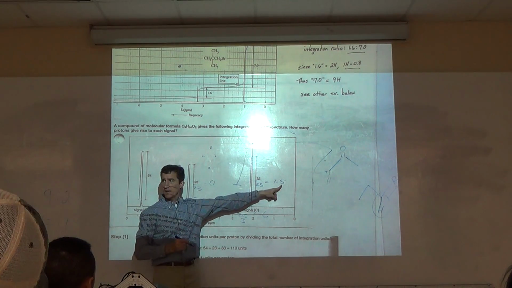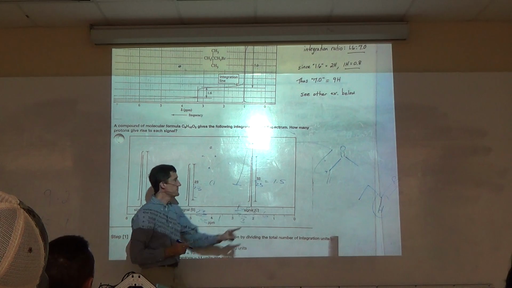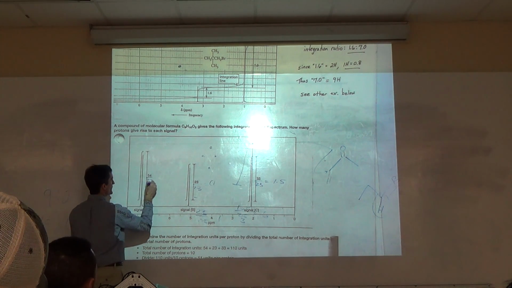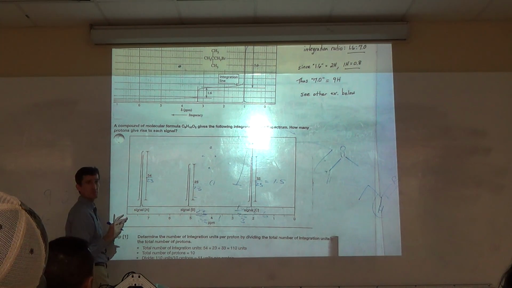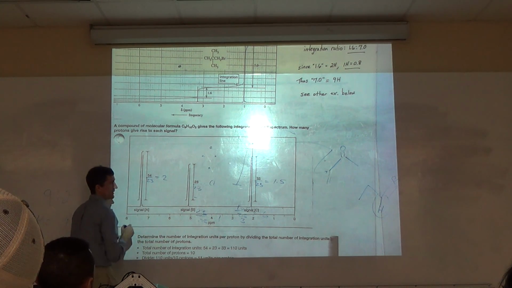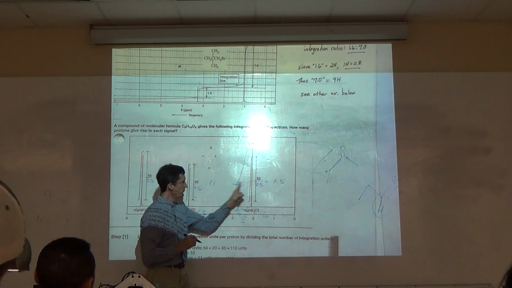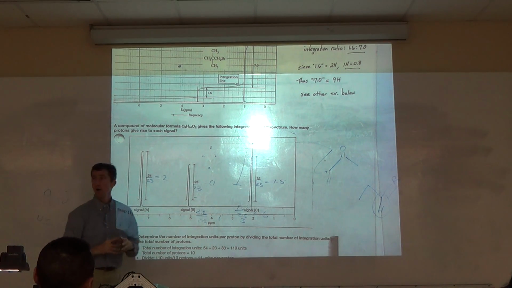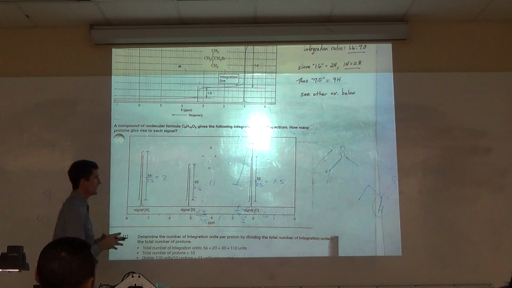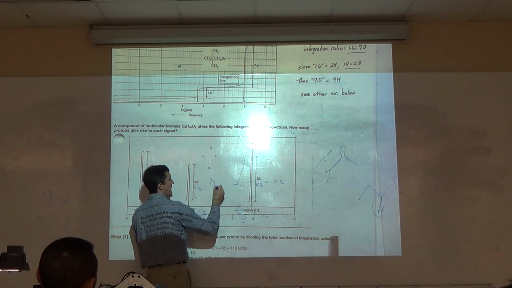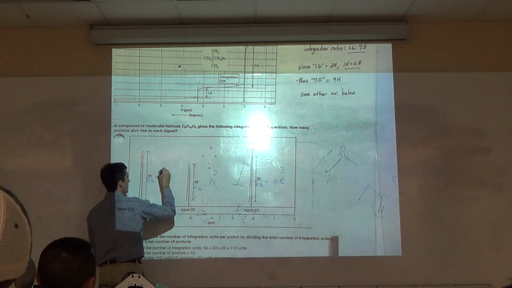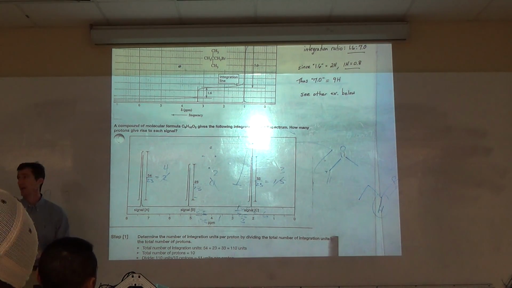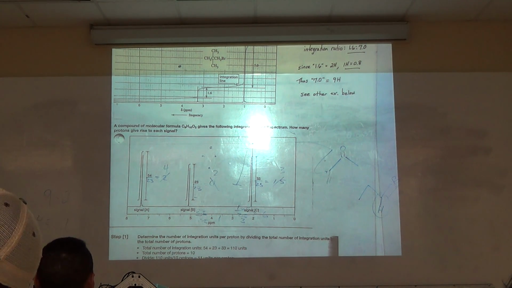You can't have 1.5 hydrogens. What if we divide this by 23? What do you get? Roughly what? Integration is never exact. I'm going to say 2. Do you think we have 1 hydrogen, 1.5, and 2? What do you think instead we have? 4, 3, and 2. Let's change this to 2, this to 3, and this to 4. You can't have a half hydrogen. Looks like the integration is telling us it's 2, 3, and 4 in terms of number of H's.